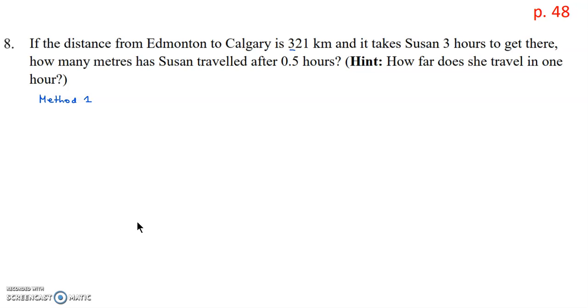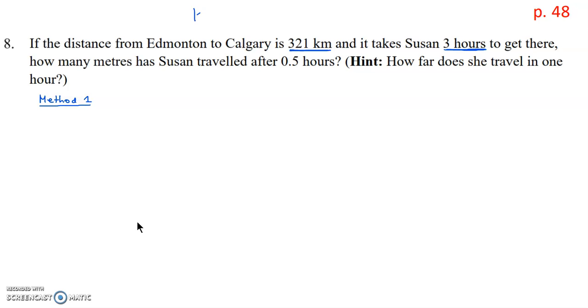So we know that the distance is 321 kilometers, and we know it takes Susan 3 hours to get there. So what we can do is figure out how far she went in 1 hour, and then figure out for half an hour. And what I'm going to do for this one is I'm going to convert at the end, but you could convert the 321 kilometers at the beginning if you like.